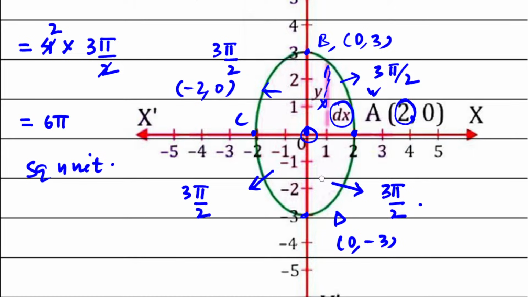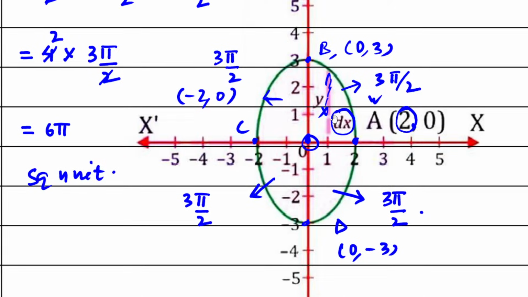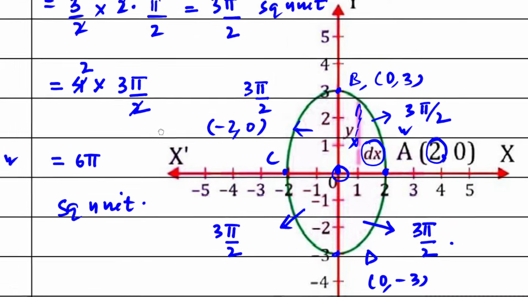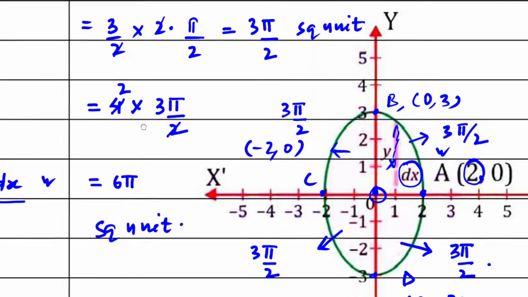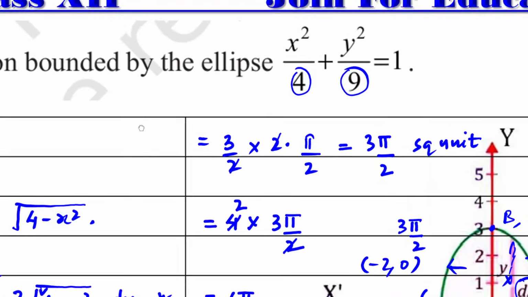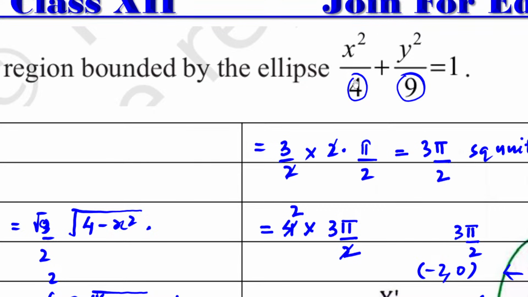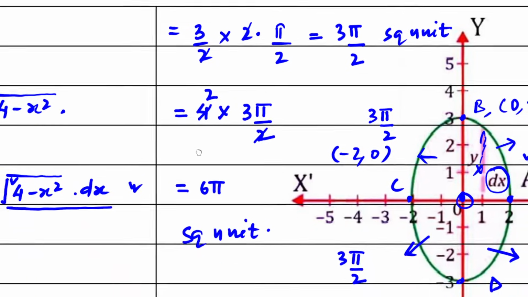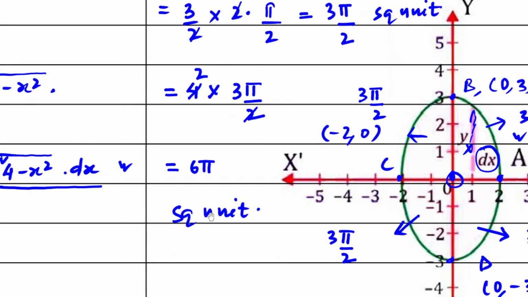So area of each part in each quadrant will be the same. Therefore this one is multiplied by 4 and we get the area of the region bounded by the given ellipse. So this is the 6 pi square unit. After there is no problem to understand the solution of this question.